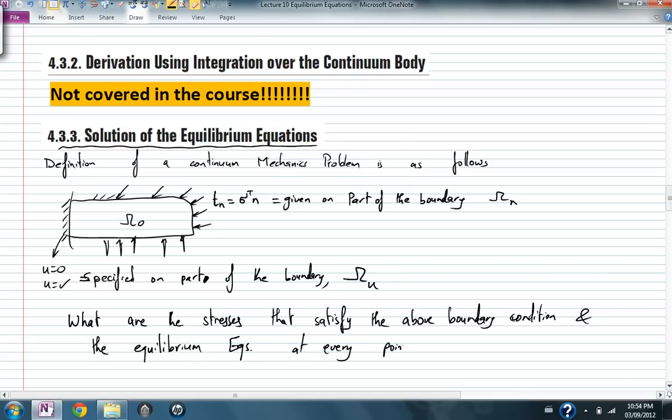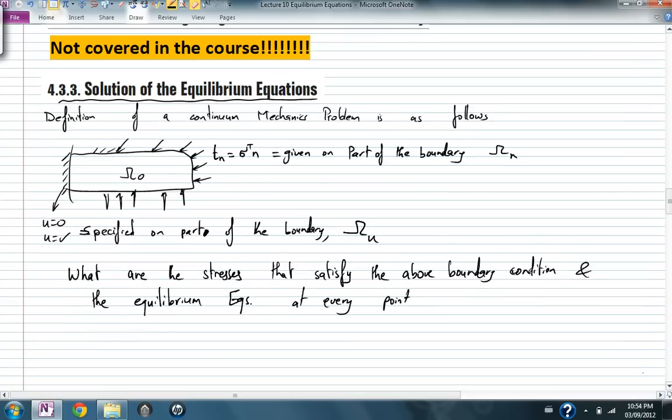And the equilibrium equations are given as the sum of j equal 1 to 3 of partial sigma ji by partial xj plus rho bi equal rho ai, where i equal to 1, 2, 3.